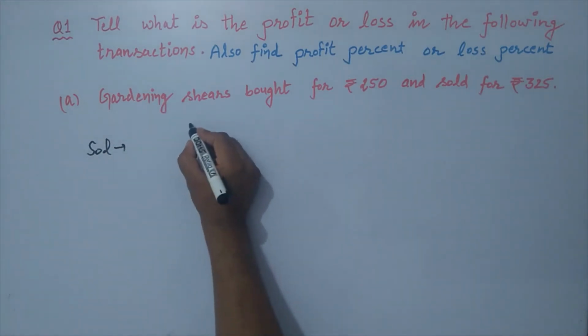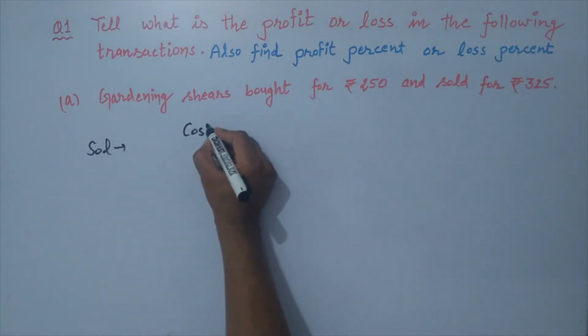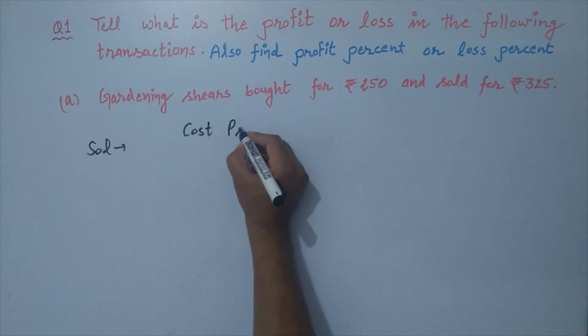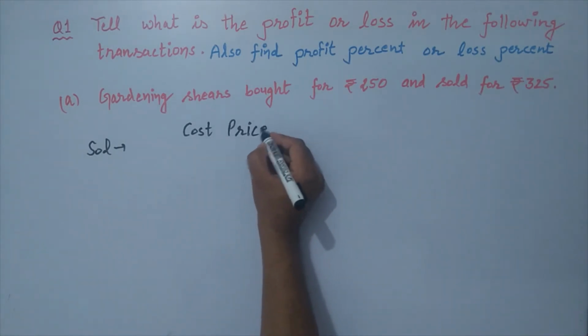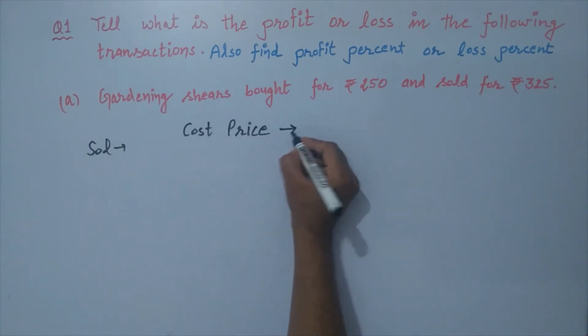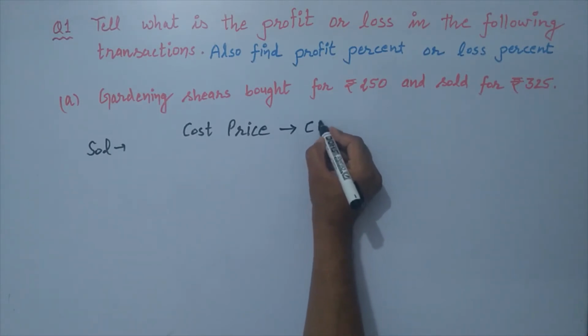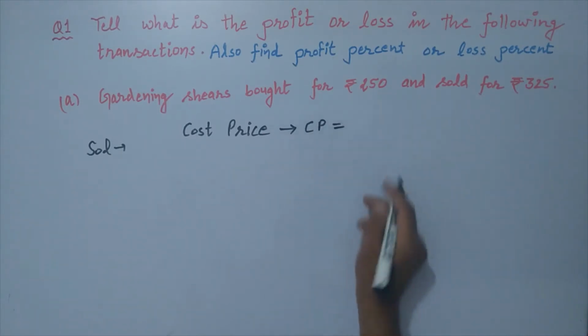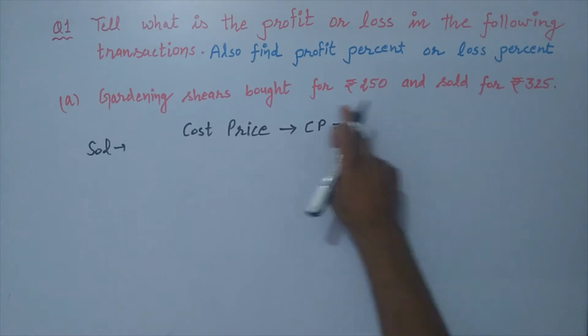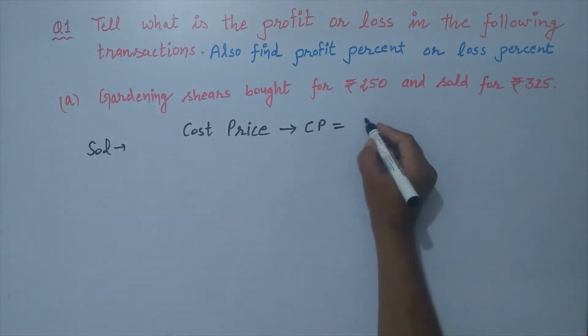One is cost price, which is written in short CP. Here CP, cost price, is bought for rupees 250.